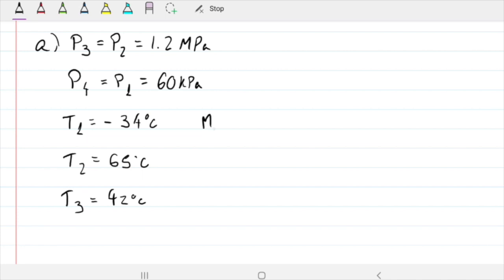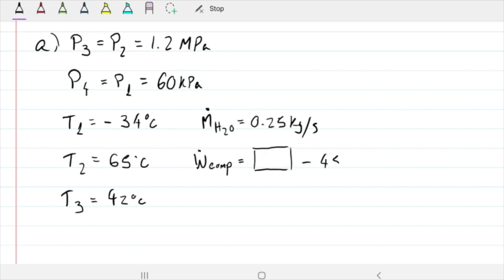We also know the mass flow rate of water, that's 0.25 kilograms per second. And we know that, like we talked before, the work done by the compressor, whatever the work that has to be done, minus the 450, because that's the bonus we get from the surroundings.